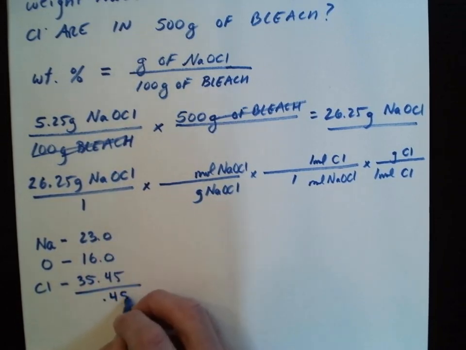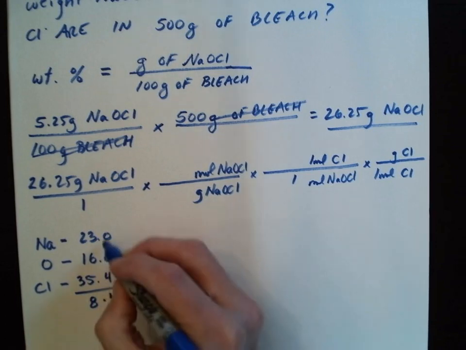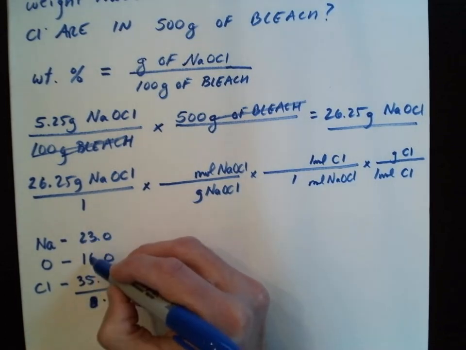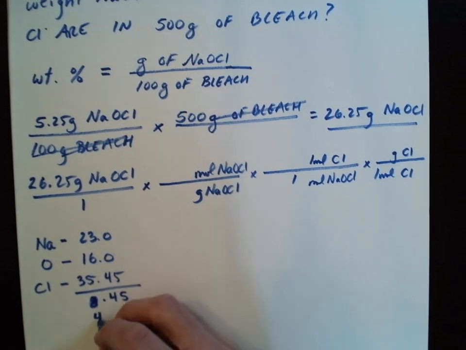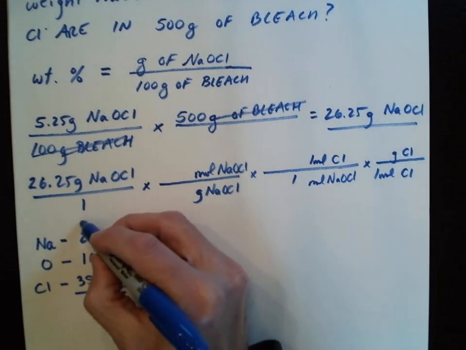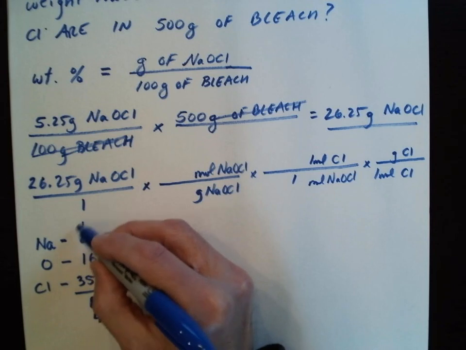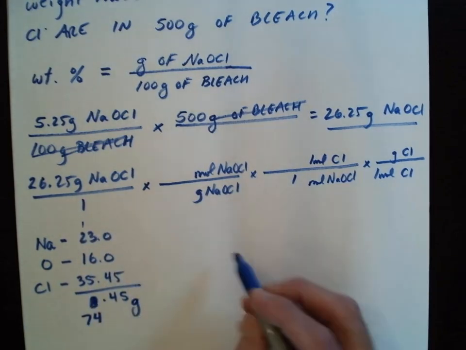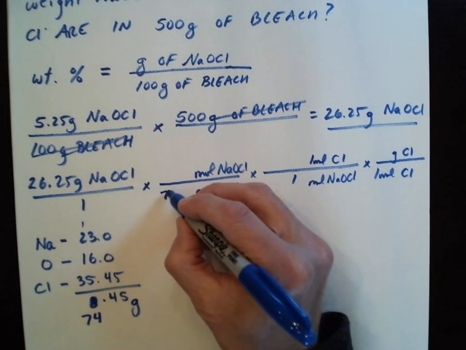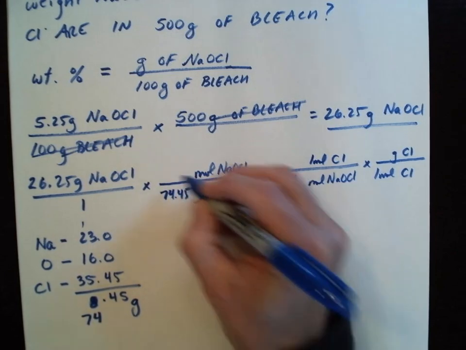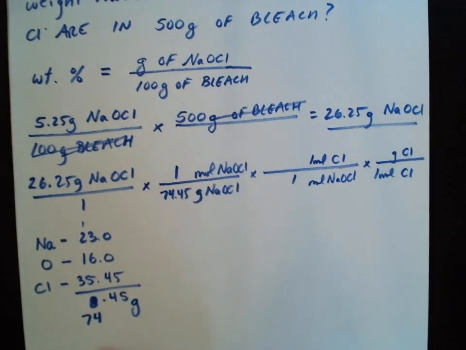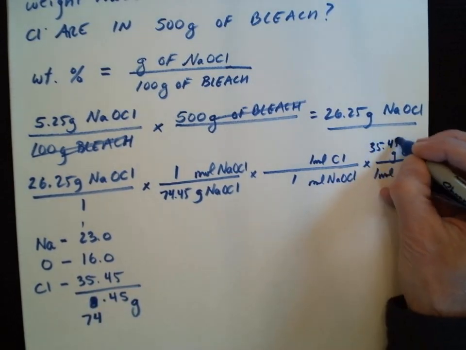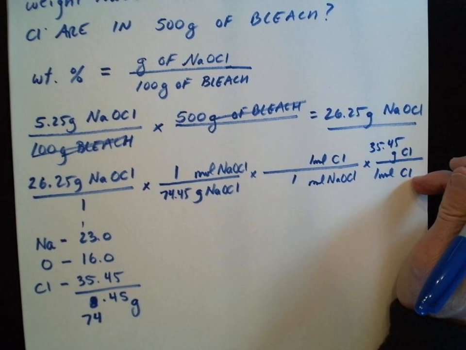We add all that up: 74.45 grams of sodium hypochlorite in a mole of sodium hypochlorite. And of course, here we know that there's 35.45 grams of chlorine in a mole of chlorine.